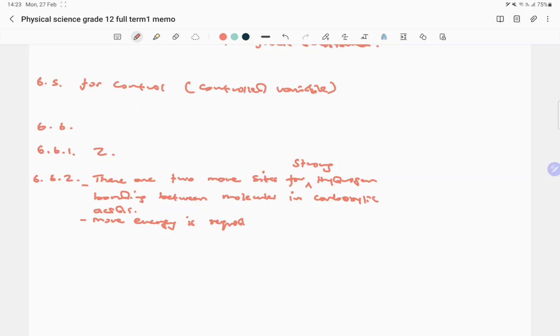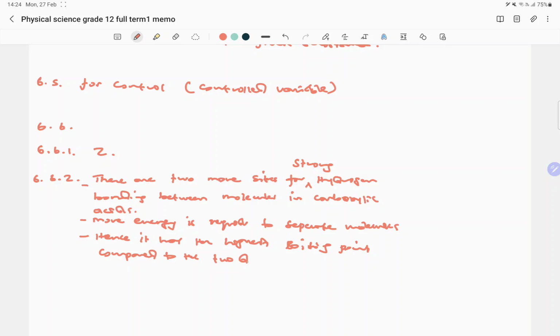is required to separate molecules. All right, hence it has the highest boiling point compared to the 2 others.